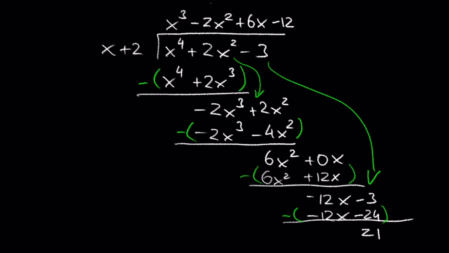So the remainder is 21. Therefore, the solution is x cubed minus 2x squared plus 6x minus 12 plus 21 over x plus 2.